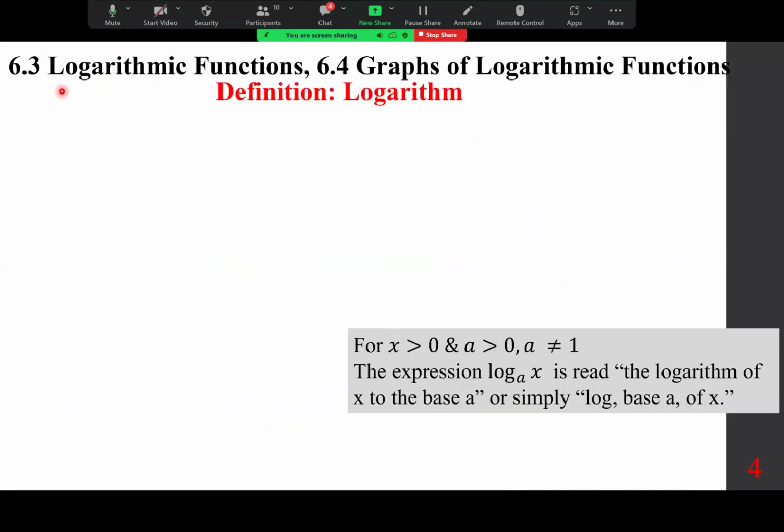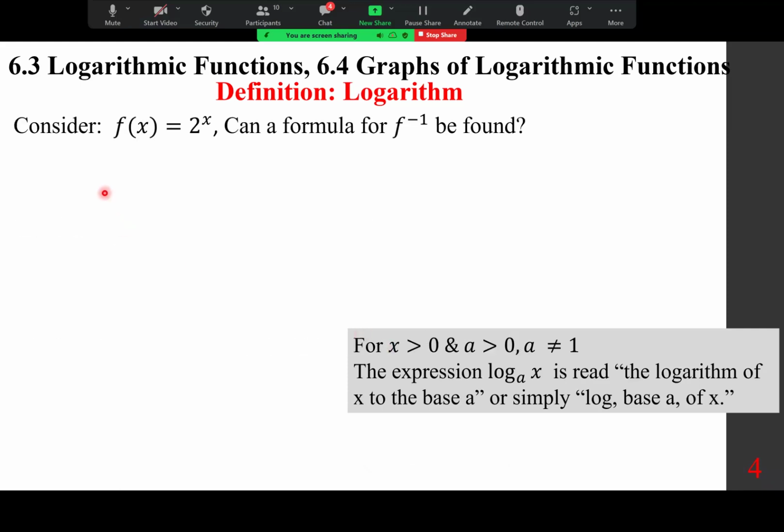Now we are going to look at logarithmic functions and graphs of logarithmic functions. So let's start with a definition. Consider f of x equals 2 to the power of x.